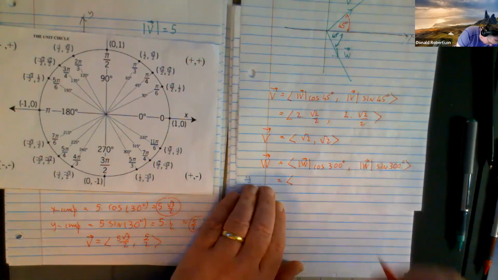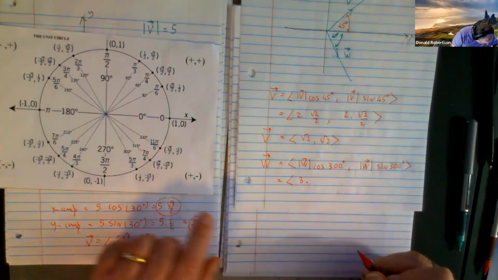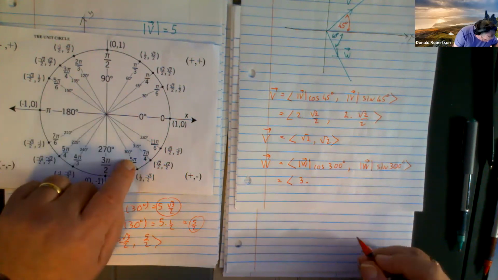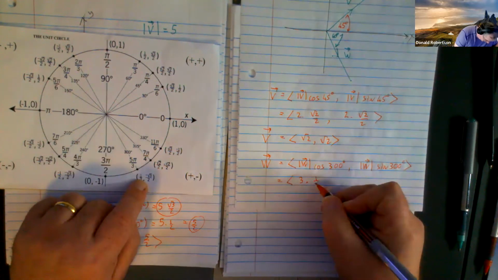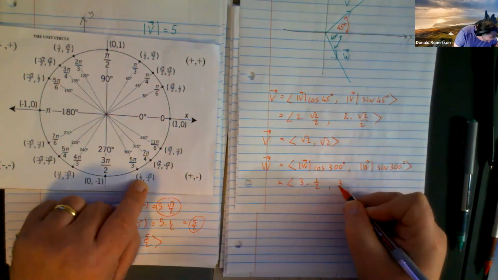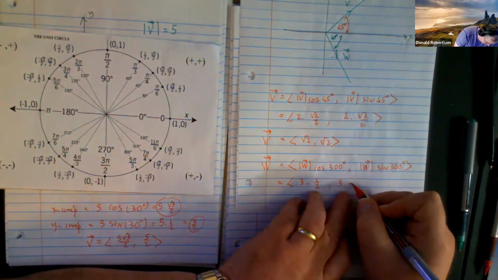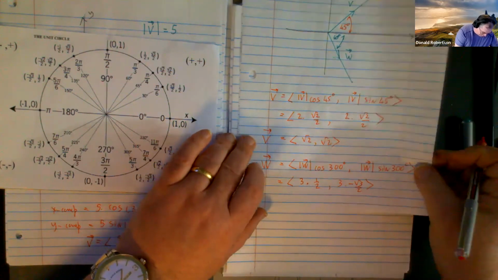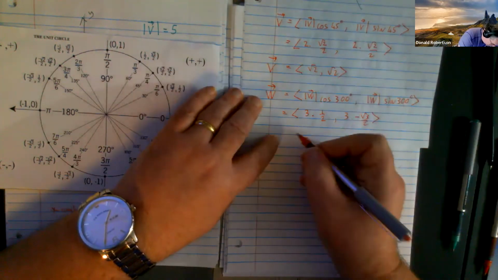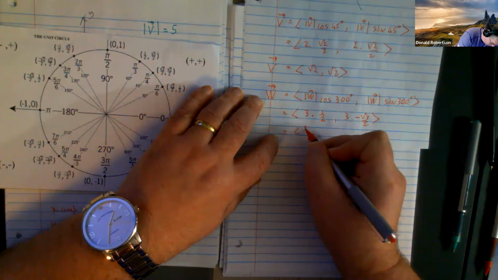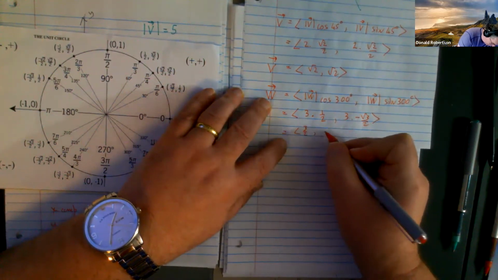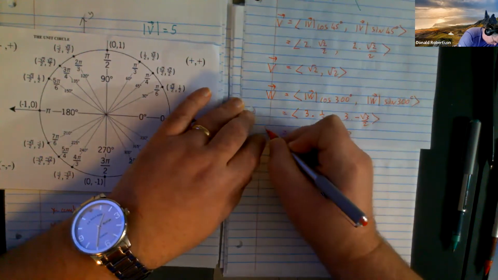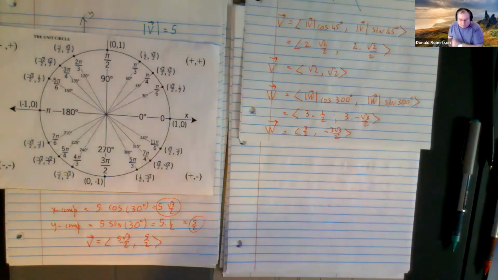That's going to be 3 times, and if I find 300 degrees, which is here, the cosine is a half, and the sine is negative √3 upon 2. So I guess I wanted to tidy that up a little bit. It would be 3 halves, minus 3√3 upon 2, and that would be W.